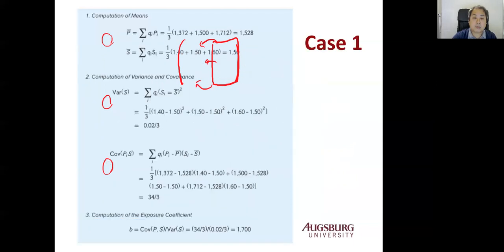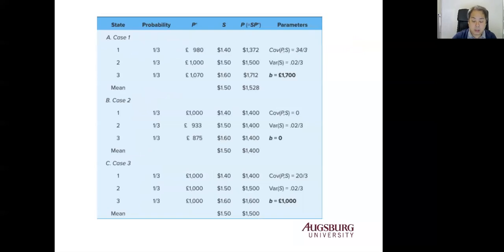The next slide shows how to calculate the mean, the variance and covariance, and how to compute the beta, the exposure coefficient. So just in case you want to know, you can see this table. Again, we have S of 140, 150, 160, and these are the values.